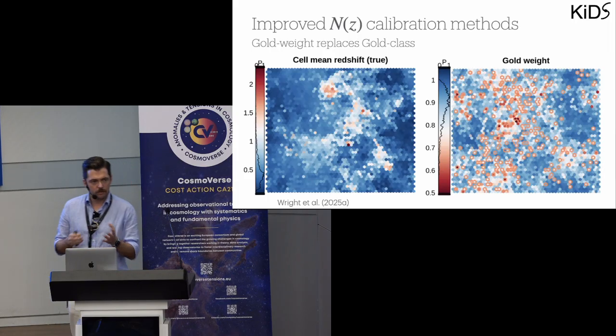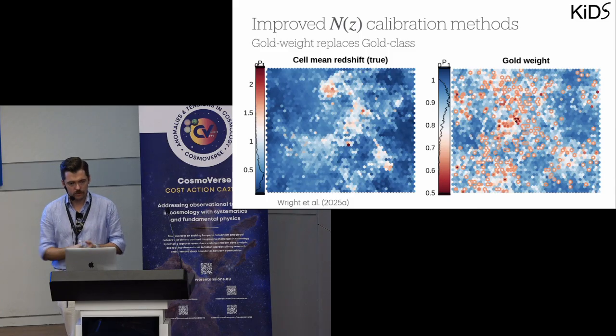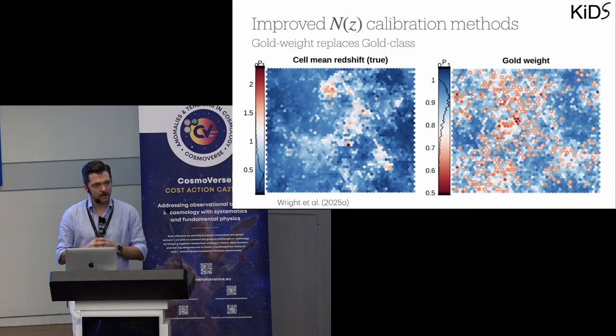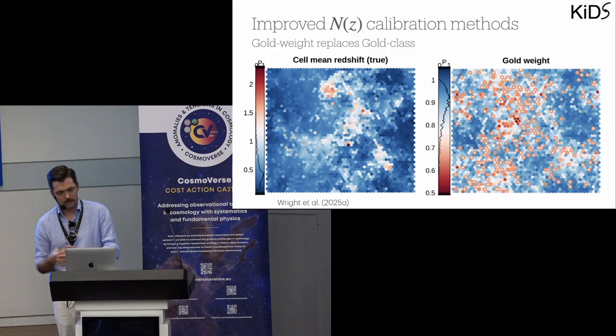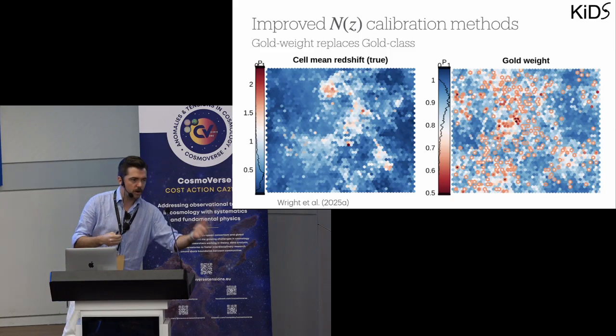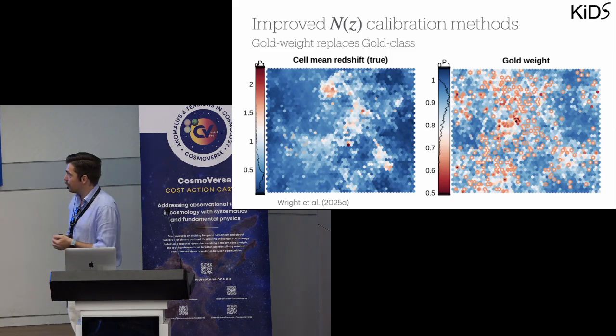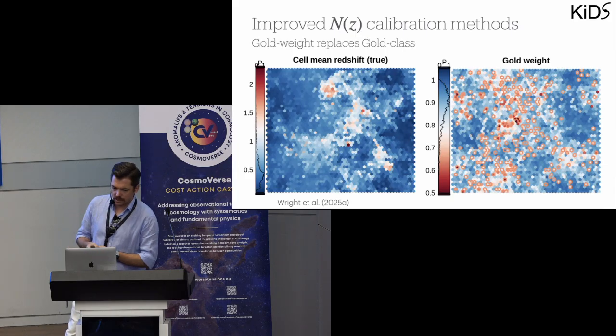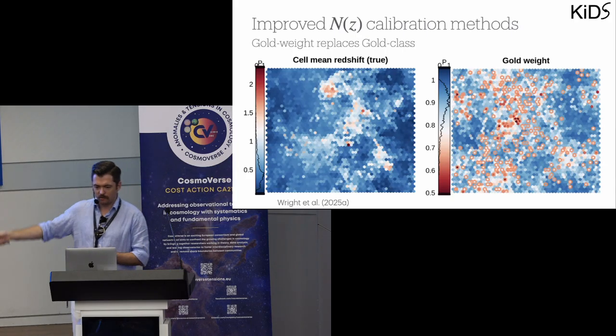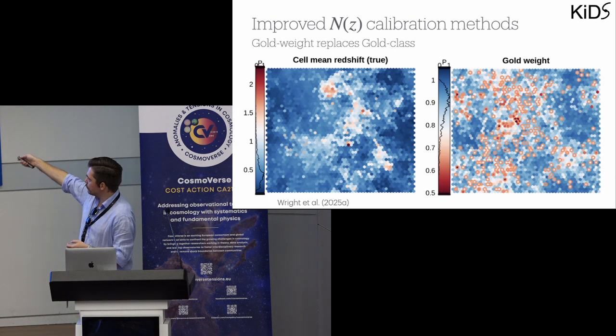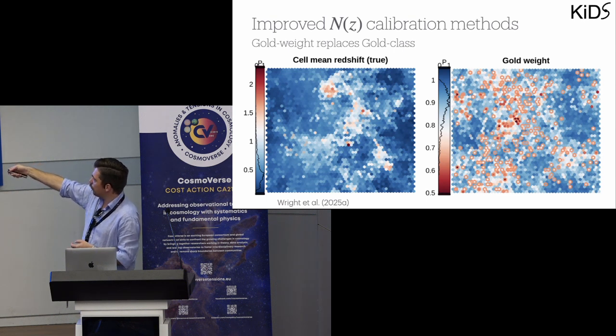And so you can use that continuous variable, which we call gold weight, to now assign an additional weight to the sources for how well represented they are in their color space by the calibrators. And one of the nice things about gold weight is you can see, if you cast your eye to the map that I've trained here and colored by gold weight, that the gold weight value correlates with true redshift.